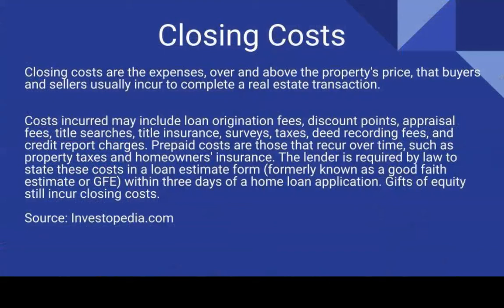Costs incurred may include loan origination fees, discount points, appraisal fees, title searches, title insurance, surveys, taxes, deed recording fees, and credit report charges. Prepaid costs are those that recur over time, such as property taxes and homeowners insurance.